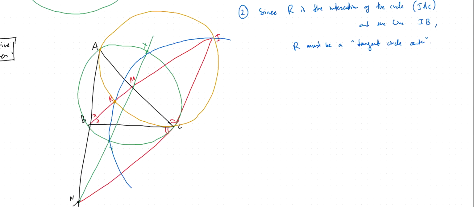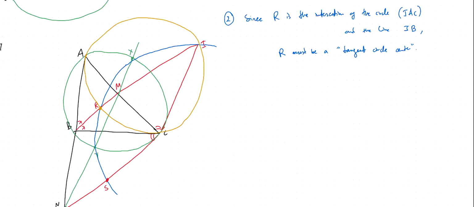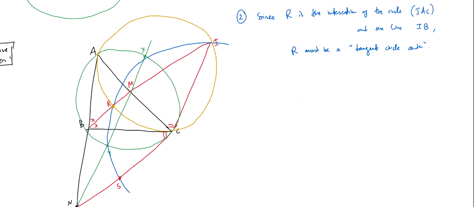In this case, S is this point. We do the same calculation. We do power of N: NS times NI equals NY times NX, which is NB times NA. So A, B, S, I are cyclic.